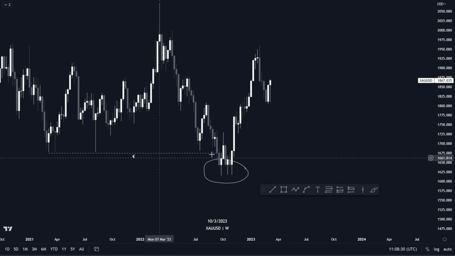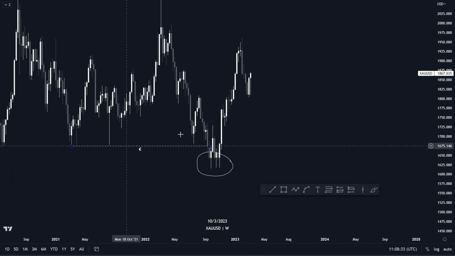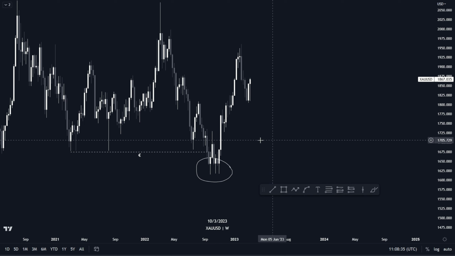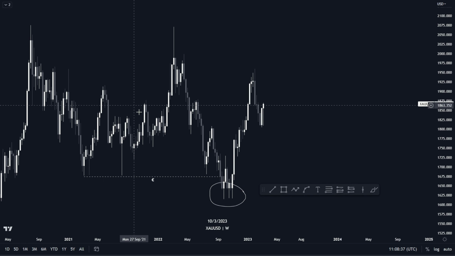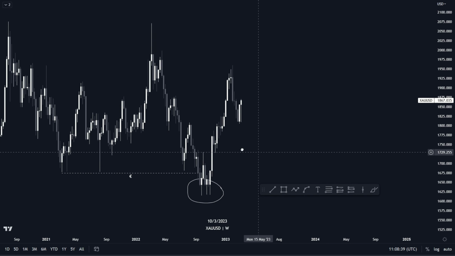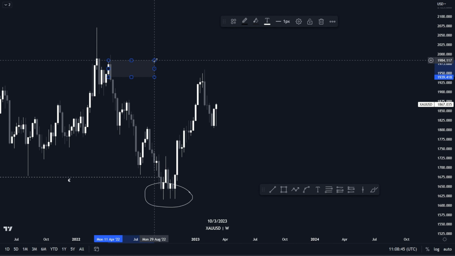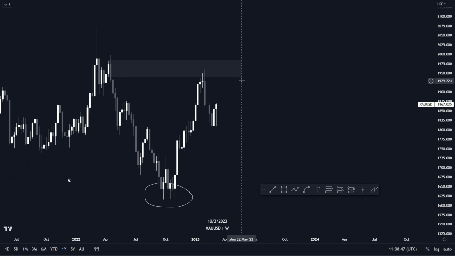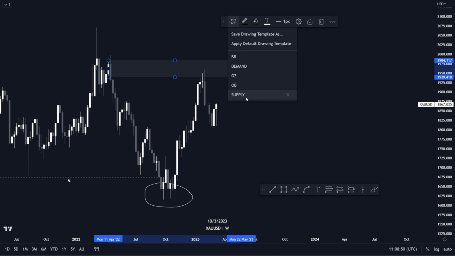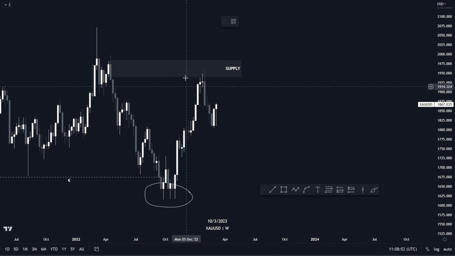This was liquidity that was taken out, and this is a form of the low liquidity since we're in a bearish trend. And as you can see here, this lower high was respected. Price tapped into this supply area here, and price is currently pushing to the downside.